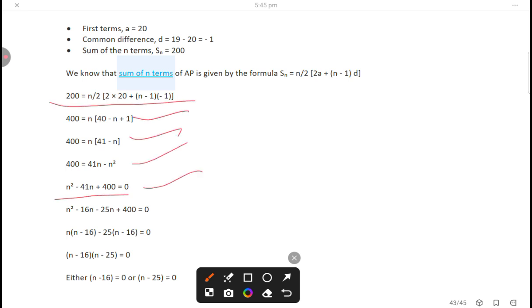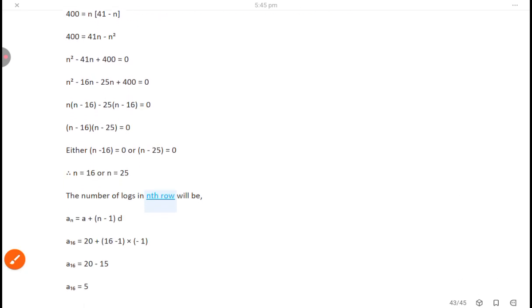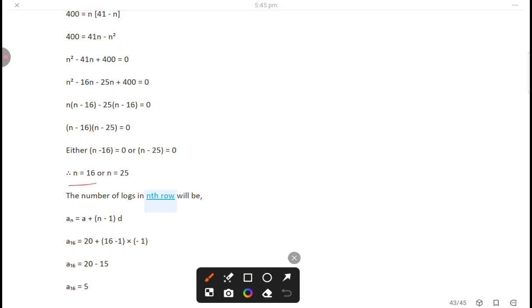So you'll get some quadratic equation. So n is equal to 16 and n is equal to 25. So there are two values, n equal to 16 and n equal to 25. So the number of logs in the nth row will be a16 equal to this one.